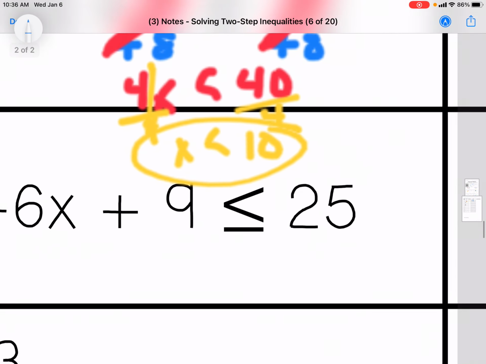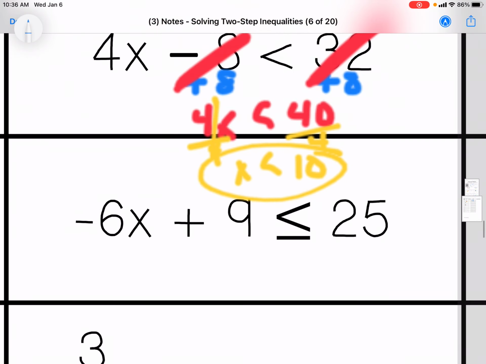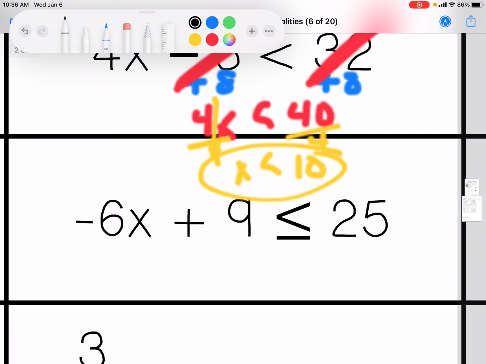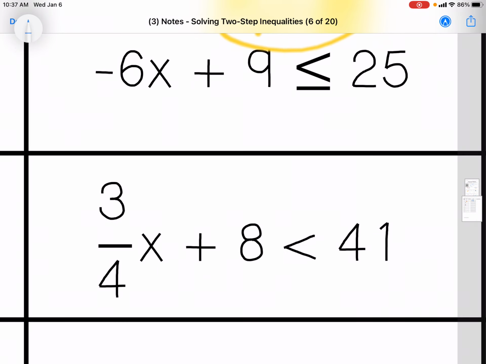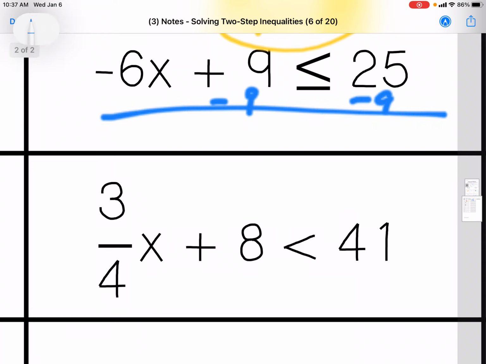Subtract 9. You're left with negative 6x is less than or equal to, I believe that would be 16.